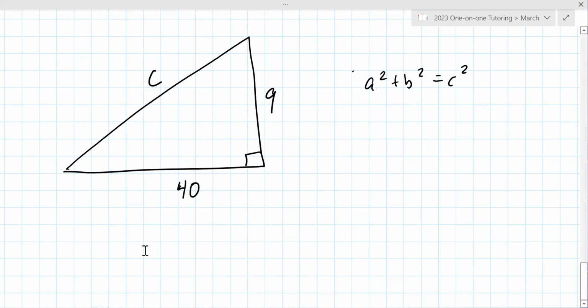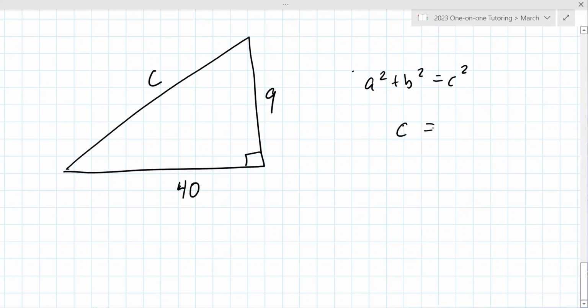40 squared is, I'm using my calculator. Of course. 1,600, and 9 squared is 81. I just want the value of c.